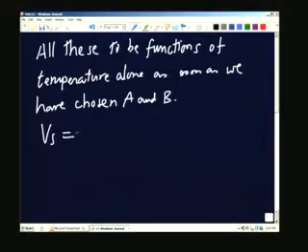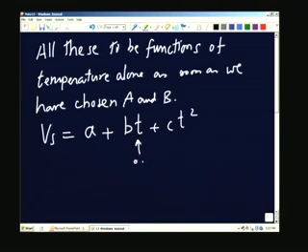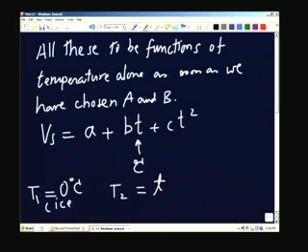Let me just take a simple expression for Vs. Suppose I take Vs equal to some constant A plus B times T plus C times T squared, where I will take T in degrees Celsius. I will take in the earlier case T1 and T2 over there. I will take T2 equal to T, and T1 as 0 degrees centigrade or the ice point, as a reference value.